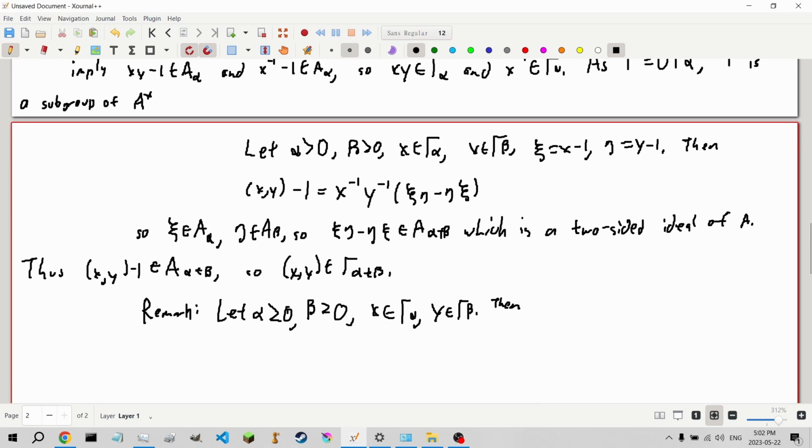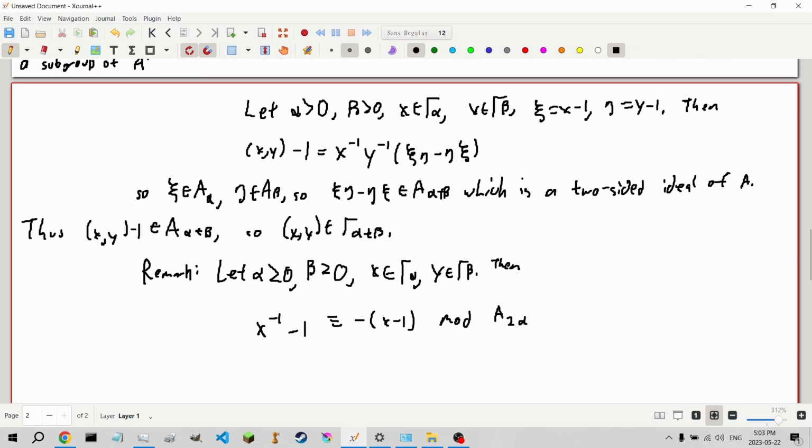Then, first off, x inverse minus 1 is congruent to negative x minus 1 mod A alpha, xy minus 1 is congruent to x minus 1 plus y minus 1 mod A of alpha plus beta.